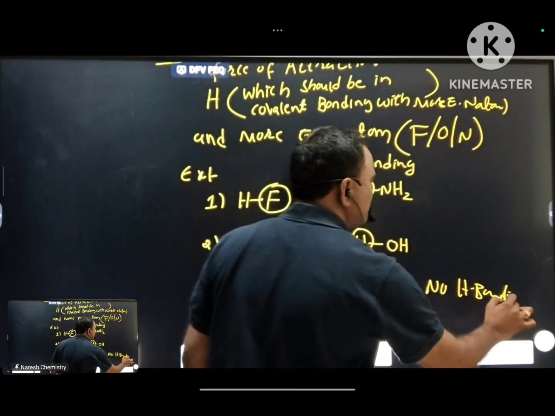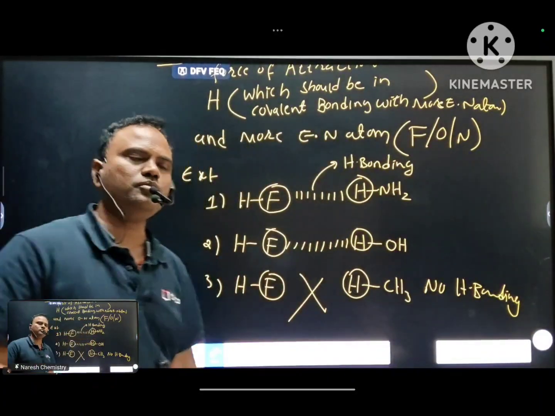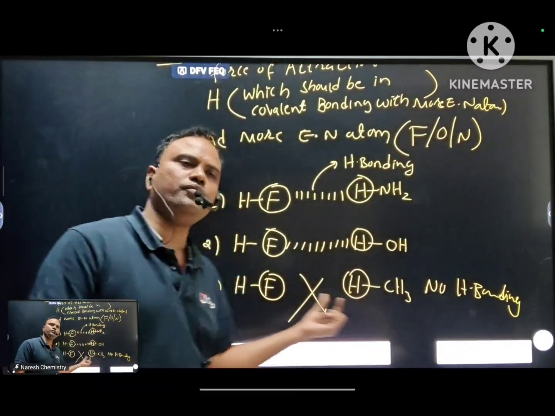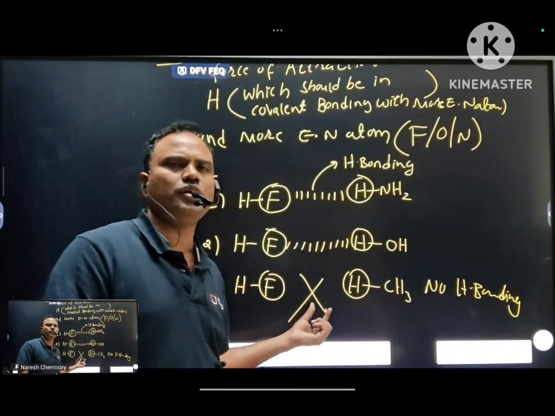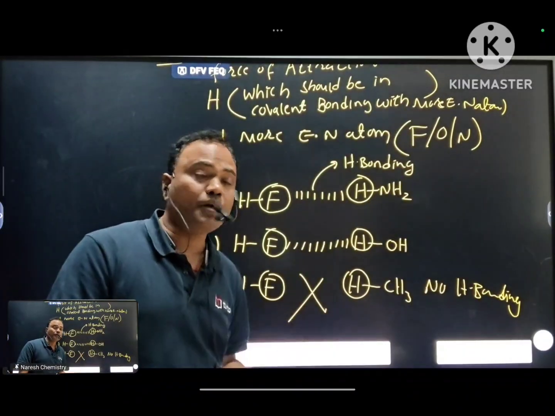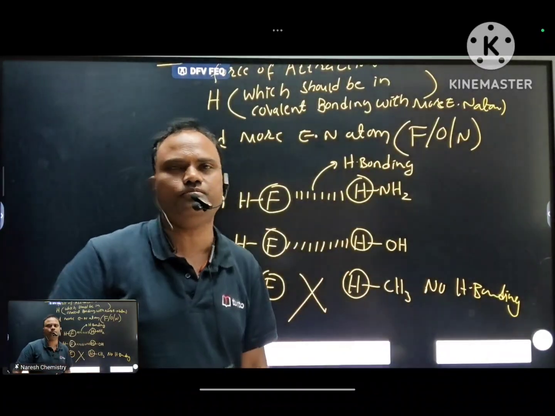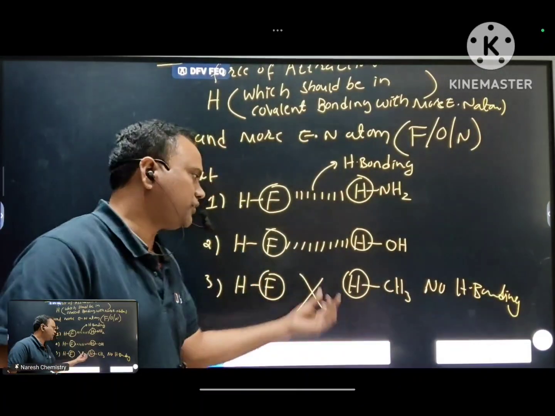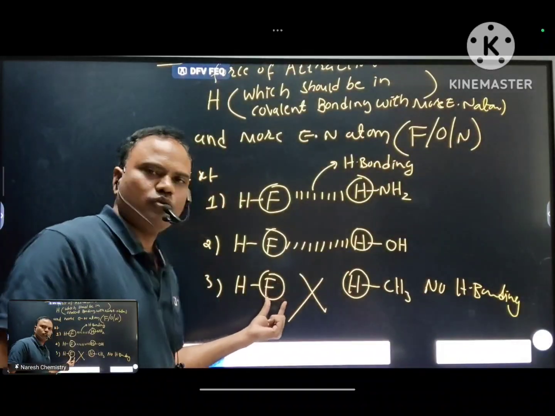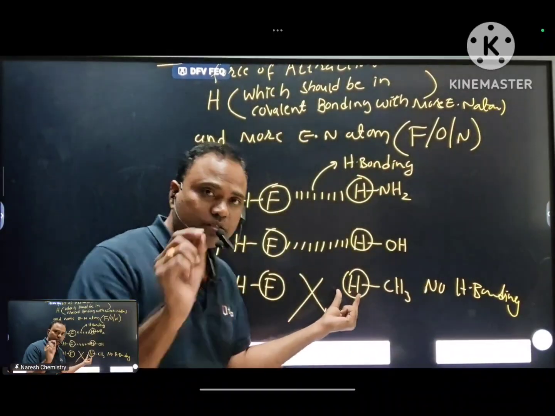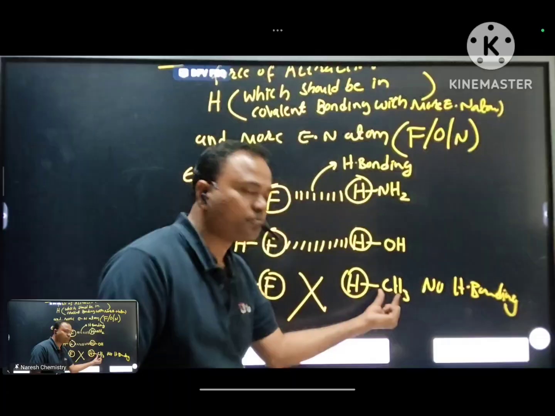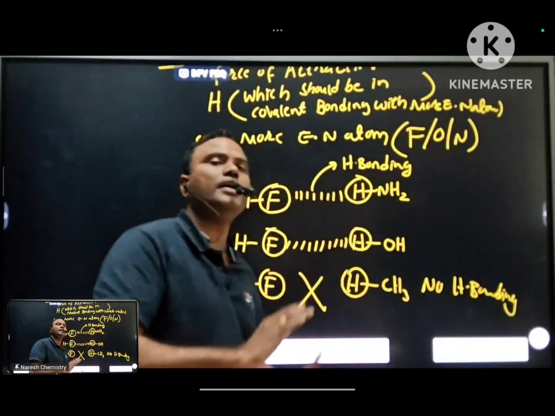So what is the condition for hydrogen bonding? Hydrogen should be present and fluorine or any other more electronegative atom should be present. But hydrogen is present on which atom? Another more electronegative atom. For hydrogen bonding, we need hydrogen and we need more electronegative atom. At the same time, observe whether hydrogen is present on another more electronegative atom or not.